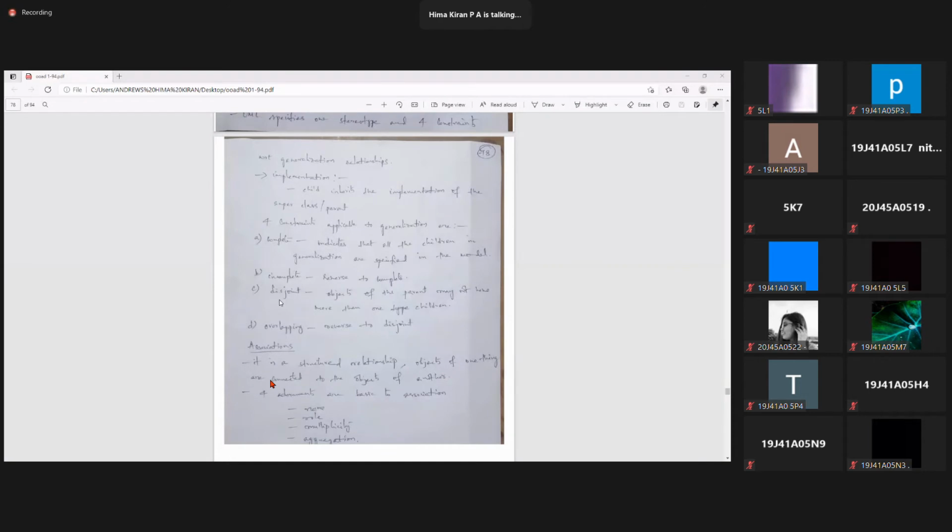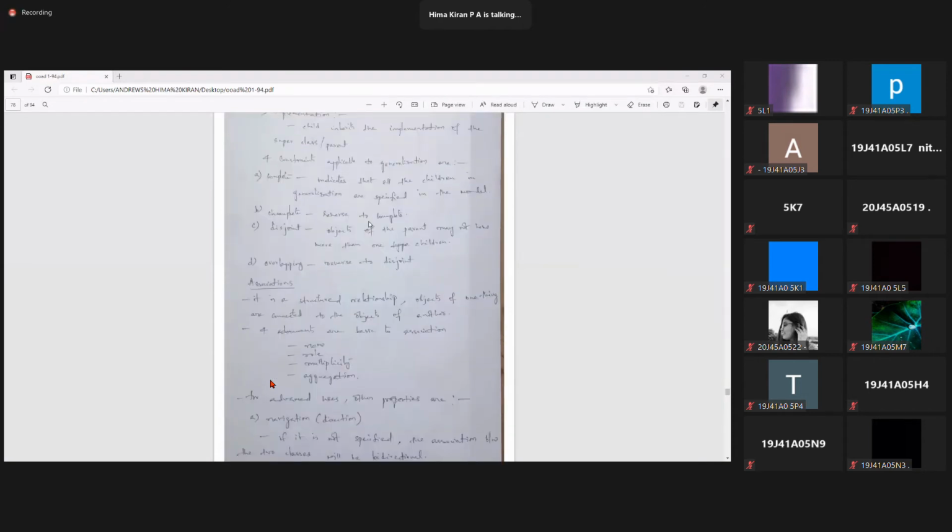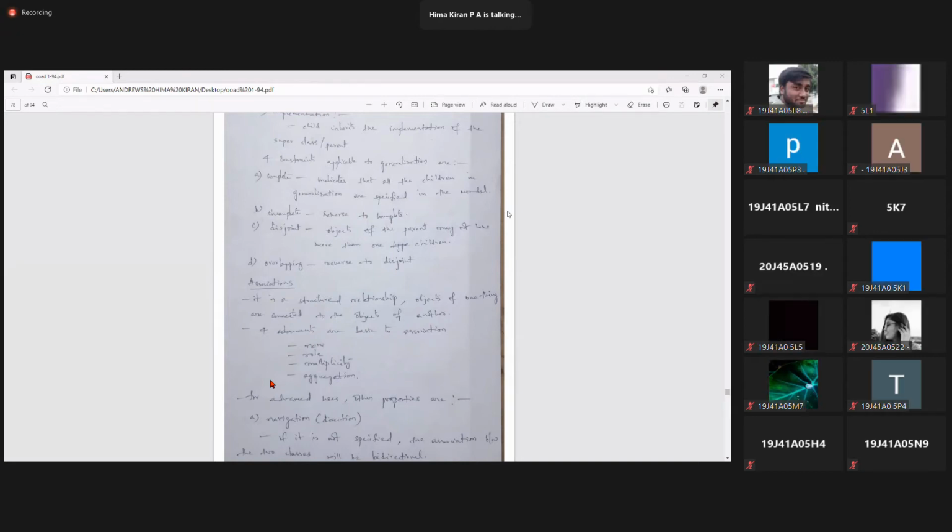If we see the first one, the complete constraint, it indicates that all the children in the generalization are specified in the model. When we are discussing the generalization relationship, first of all, we need to represent the parent class, and after representing the parent class, we need to specify all the child classes with respect to the parent class.